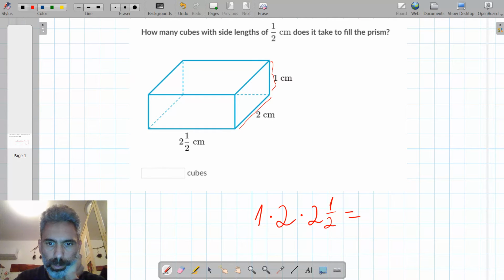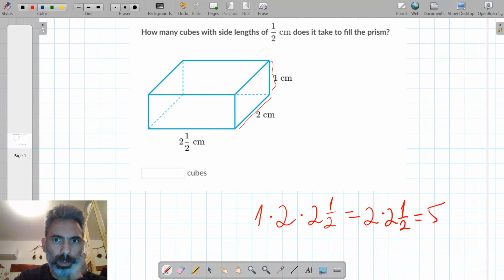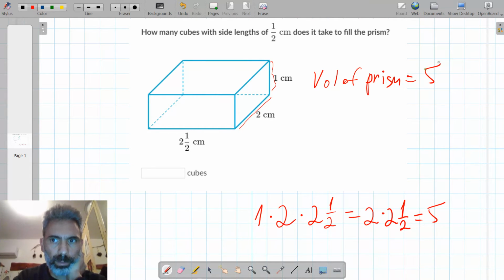Okay, so 1 times 2 is 2. 2 times 2.5 is 5. So the total volume of the prism is 5.